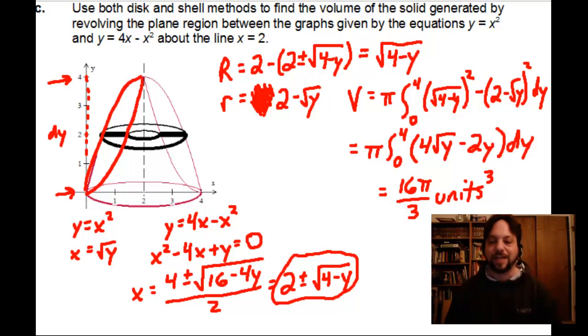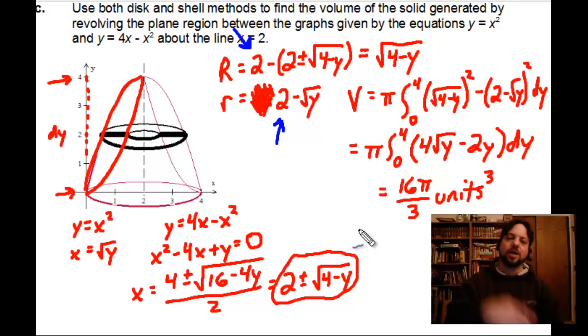You can see that reflected in my 2 radii right there and right there. That's why I have 2 minus in each case. Worked it out, and pi times outer radius squared minus inner radius squared. Now, once I got it set up, it wasn't so bad, but setting it up, that was a bear. So, regardless of that, we did get the correct answer, 16 pi over 3.